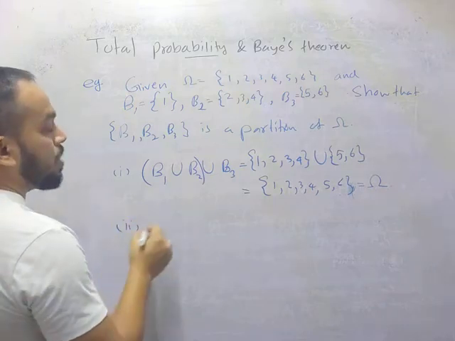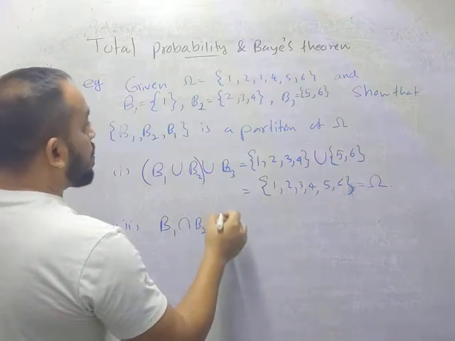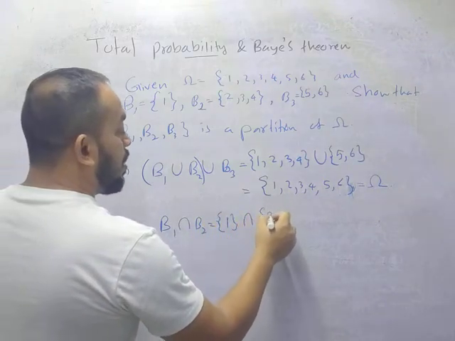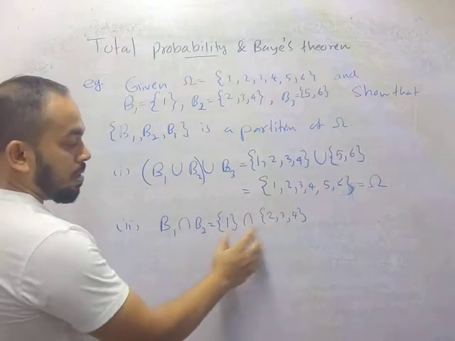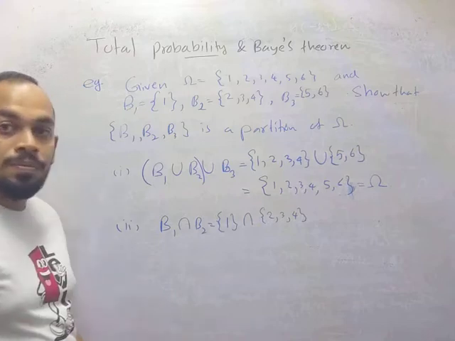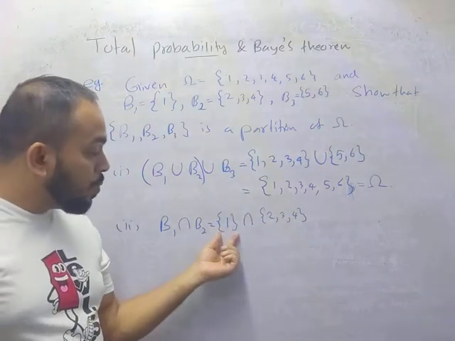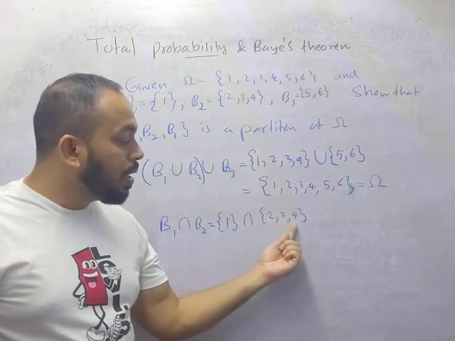Second, we have to check mutually exclusive. Let's say B1 intersection B2. What is B1? Element 1, intersection with 2, 3, 4. Are there any common elements in both sets? The element in this set is 1, and the elements are 2, 3 and 4.